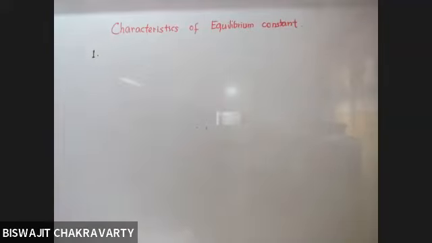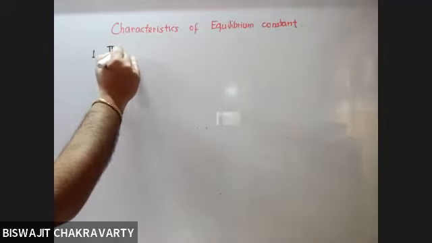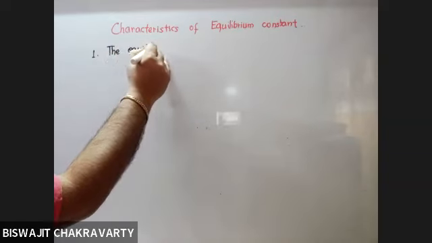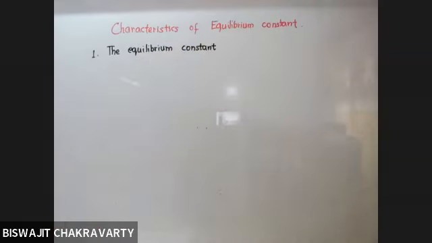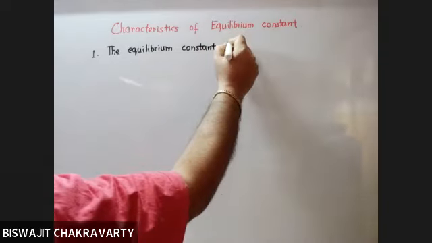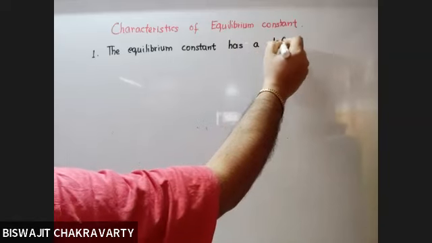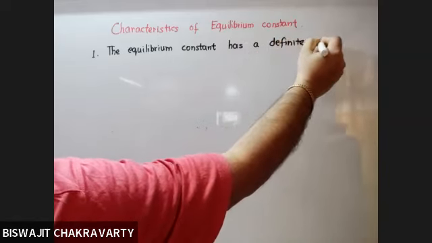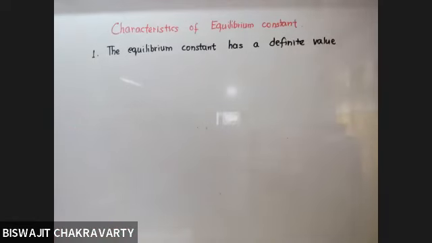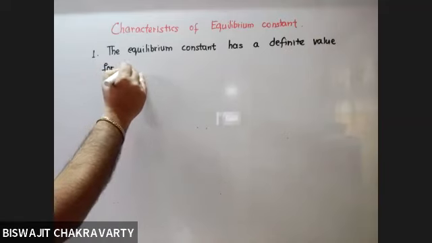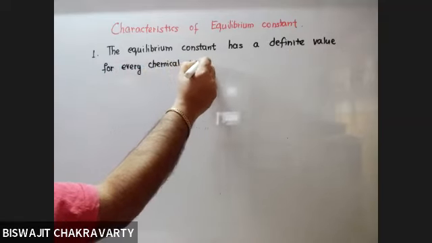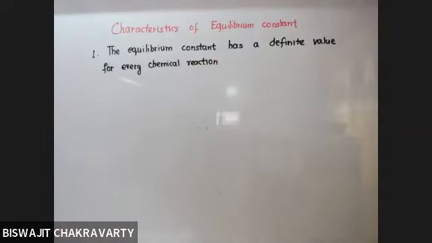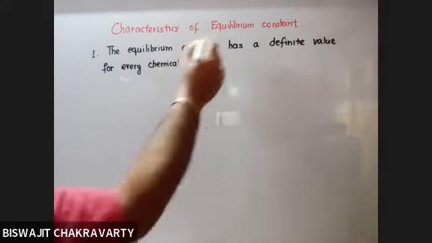Point number 1, the equilibrium constant has a definite value for every chemical reaction at a particular temperature.